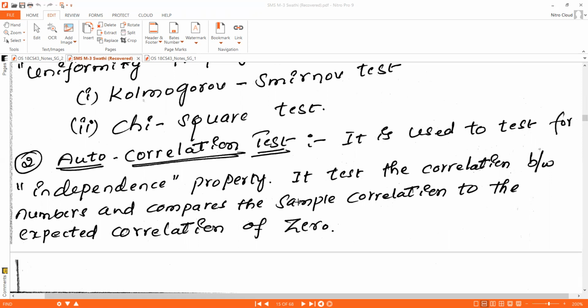This test checks the correlation between the numbers and compares the sample correlation to the expected correlation of 0. That is the autocorrelation test.